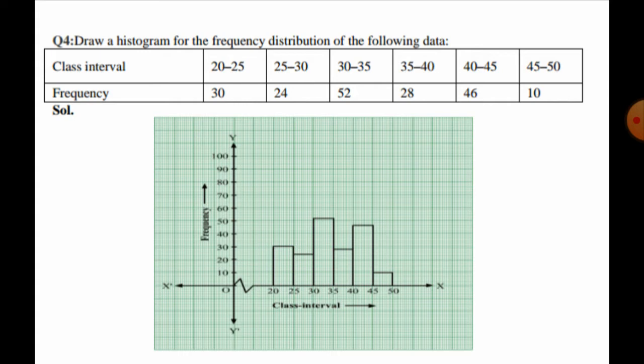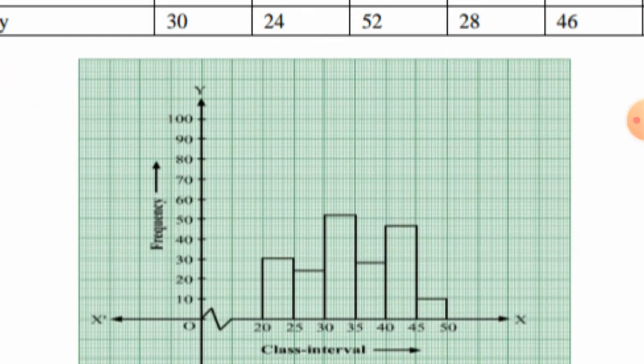After this, 20 to 25, 25 to 30, 30 to 35 have an equal gap, that is 5, so the class interval is 5. Now we have to represent frequency on the y-axis.